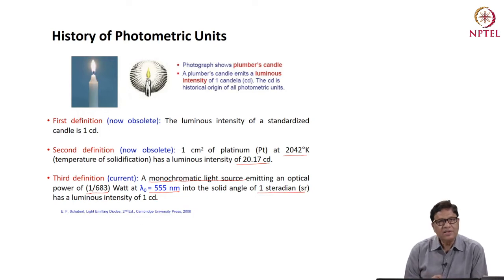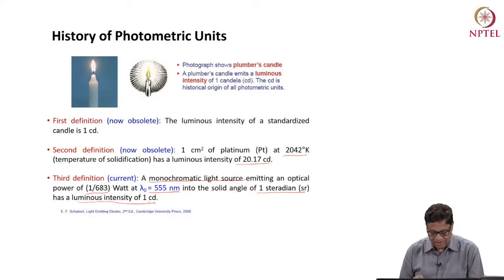Then the luminous intensity is called 1 candela. I'll repeat the correct definition of candela: you use a monochromatic source which has a power of 1/683 watts at a wavelength of 555 nanometer, measured in a solid angle of 1 steradian, and that gives a luminous intensity of 1 candela.